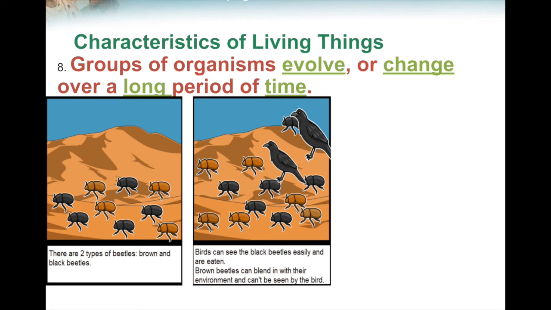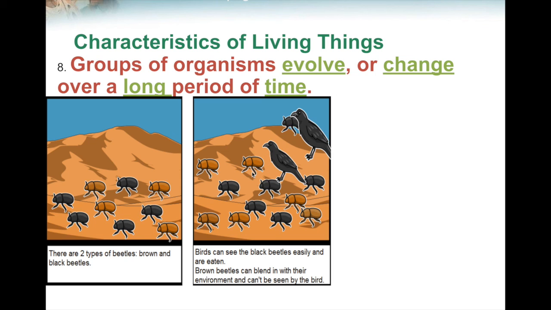So they can hide from the predators, the birds that are trying to eat them. The ones that have the black body color, some of them might survive, but most likely they're going to be seen really quickly by the birds, so they'll be picked and eaten much faster than the ones that have the brown body color. So what's going to happen?